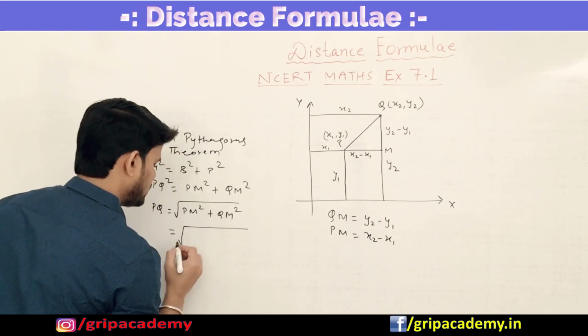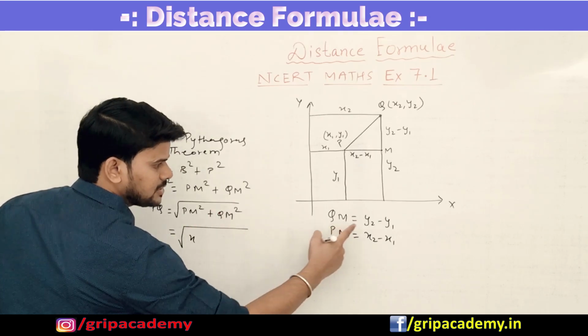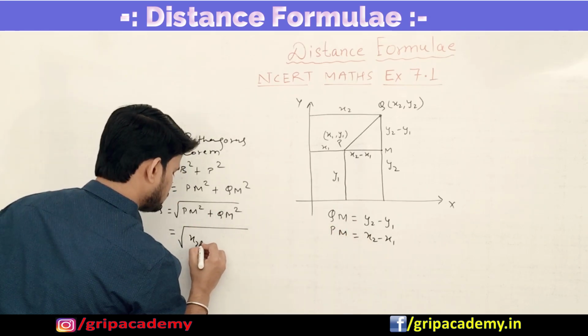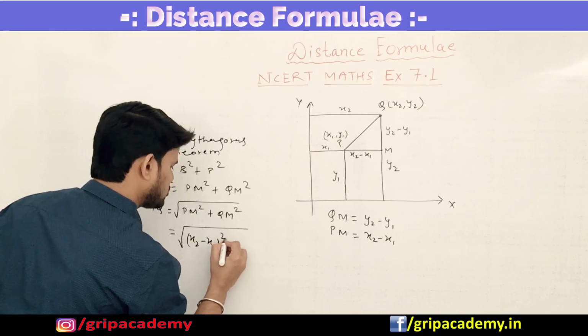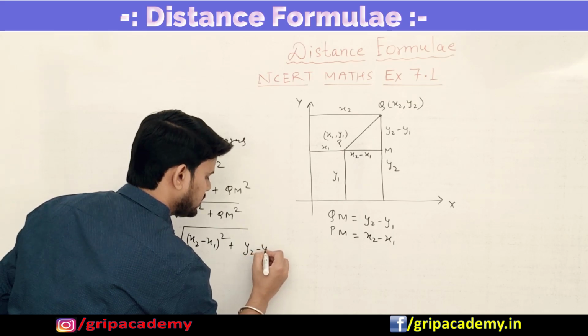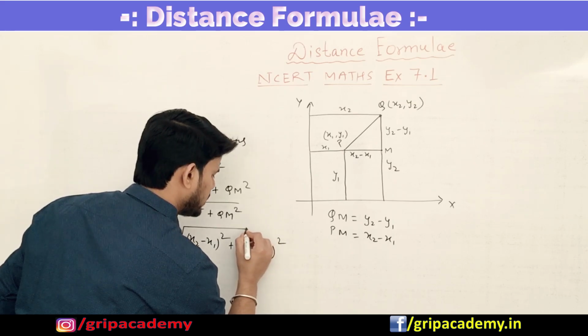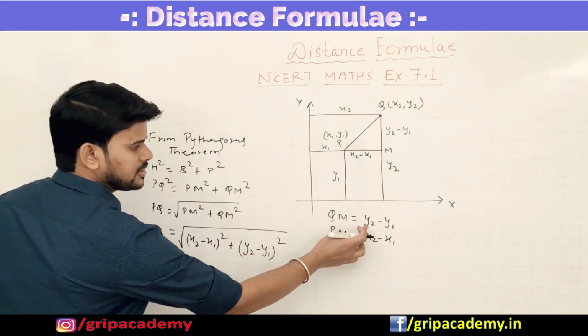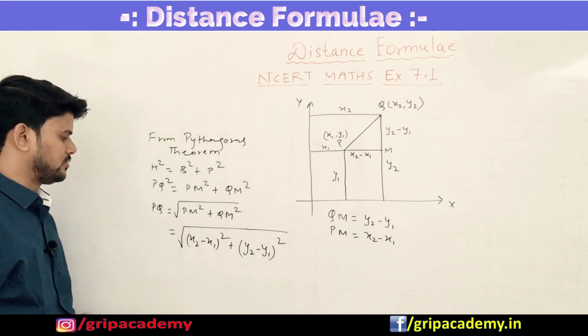That is nothing but under root of, PM is x2 minus x1, so x2 minus x1 whole square plus y2 minus y1 whole square. Why? Because QM is y2 minus y1, so y2 minus y1 whole square.